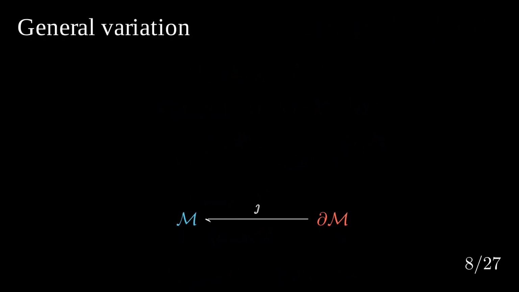Okay, so let's start with the problem. We have the boundary, which is a manifold embedded in the bulk via an embedding. This is an n-1 dimensional manifold. This is an n-dimensional manifold. And over M, we are going to put a locally trivial fiber bundle having as coordinates the fields and the coordinates.